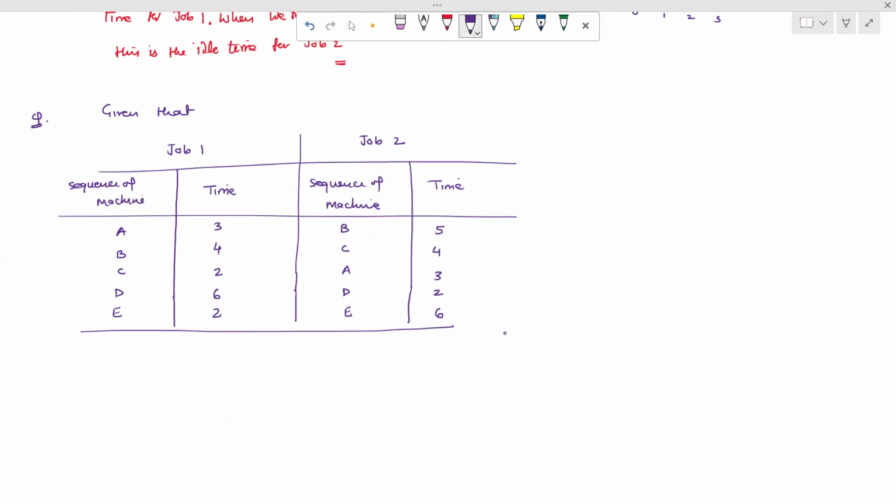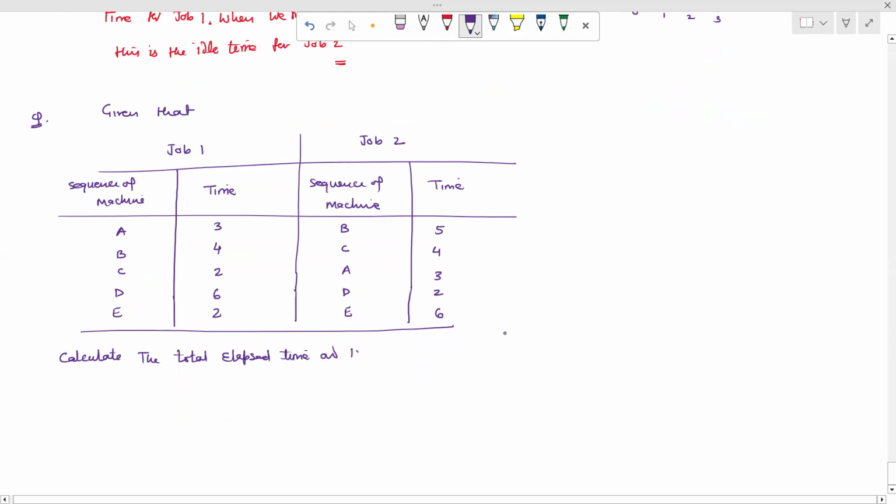Calculate the total elapsed time and the idle time for job 1 and job 2, if any.